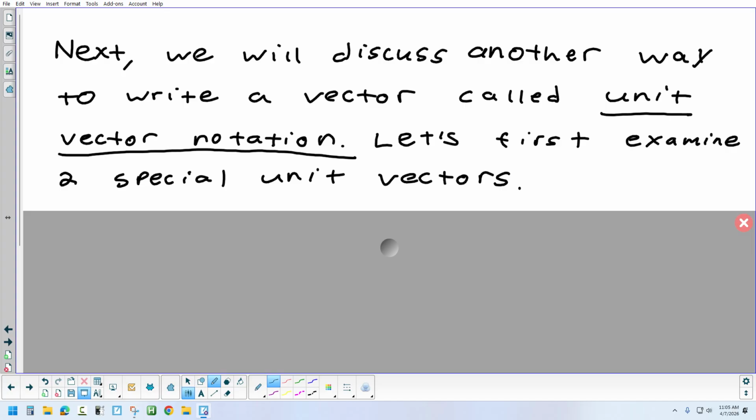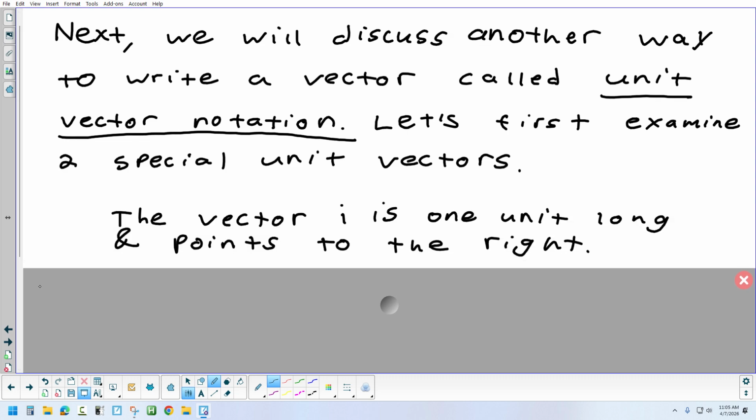So we're going to look at two special vectors that have a length of 1. And the first vector we're going to look at is called i. Okay, so that's a bold i. And the vector i is a special name for a vector.